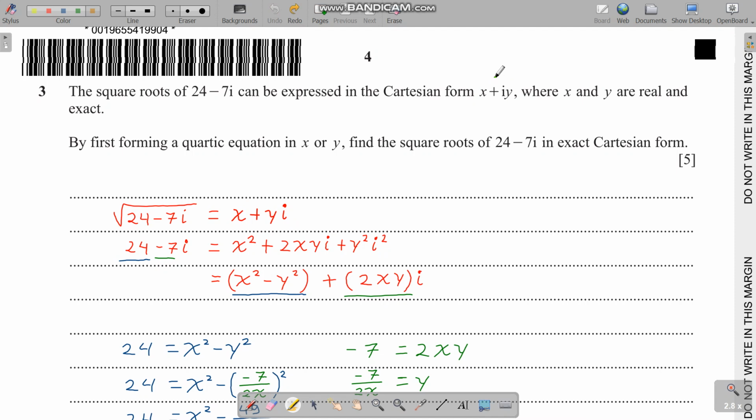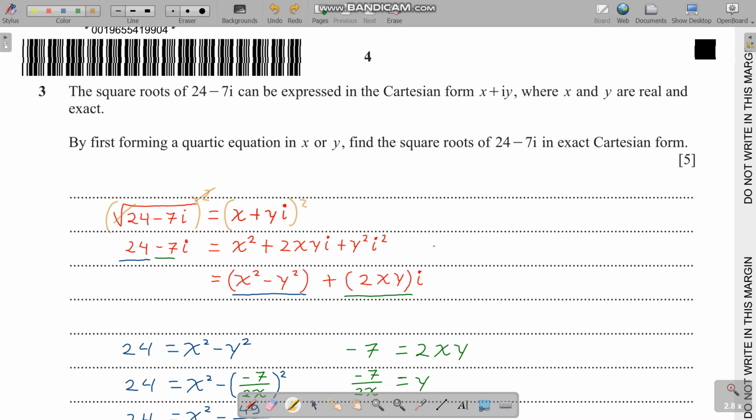And this means if we square both sides, on the left we cancel out the square root, and on the right we expand x times x, 2 times x times yi, and yi all squared.